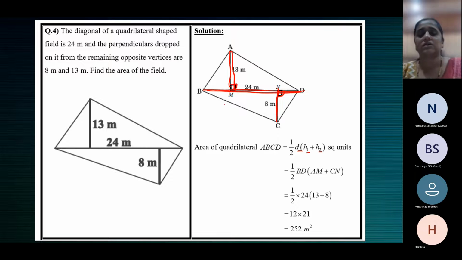So the formula is half the length of the diagonal BD into the sum of the perpendiculars AM and CN. Substitute the values, you can cancel: 2 ones are 2, 12s are. And 12 into 21, 252 meters squared.